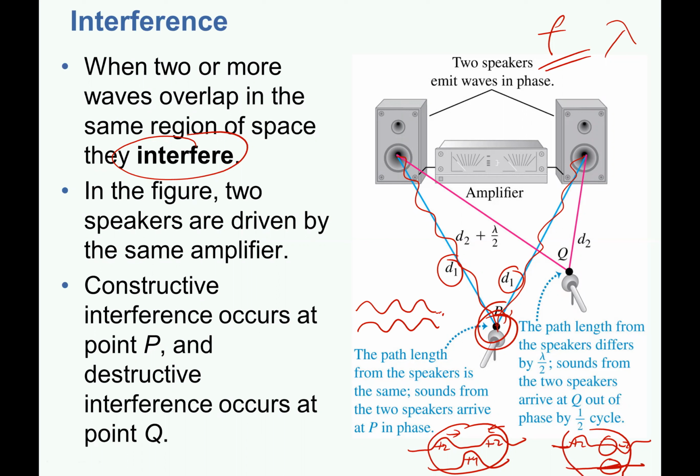When they reach this point P and have exactly the same part of their wave shape, for example crest and crest, or trough and trough, in that case they have what we call constructive interference.